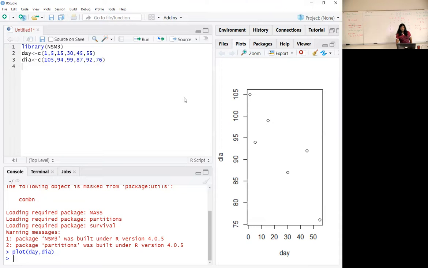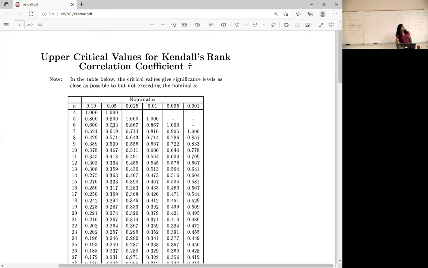Going back to Kendall, 0.05, upper critical value is 0.733. In this case, it has to be negative 0.733.